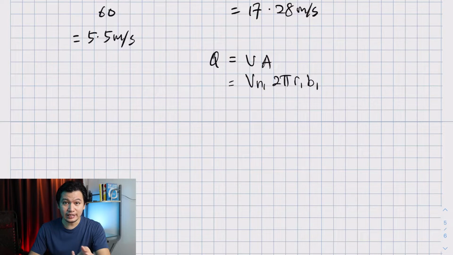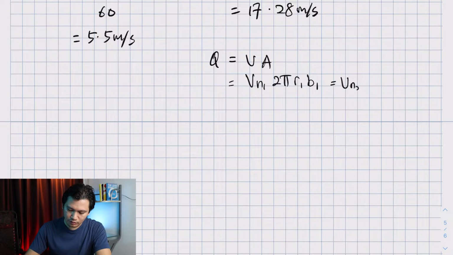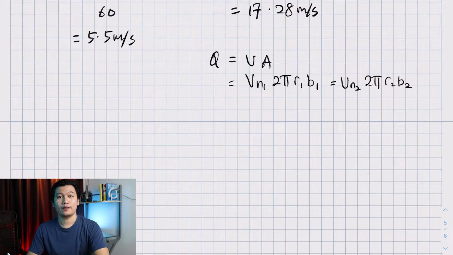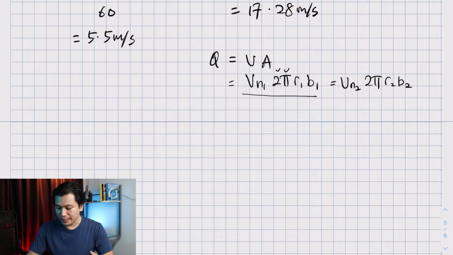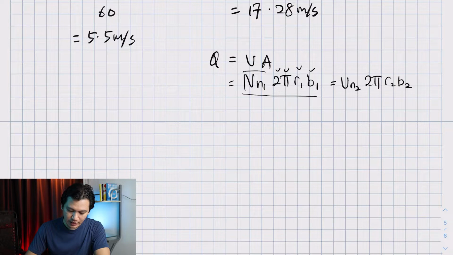If you want to use exit to find Q, it is simply Vn2 times 2 pi R2 B2. Based on what we know so far, we know 2, pi, R1, and B1. But the thing that we don't know yet is Vn1.